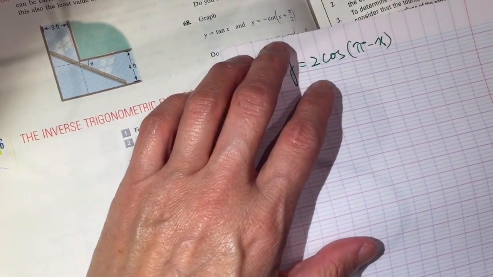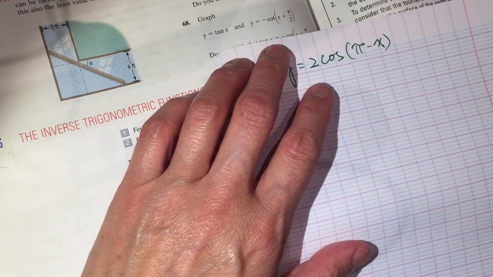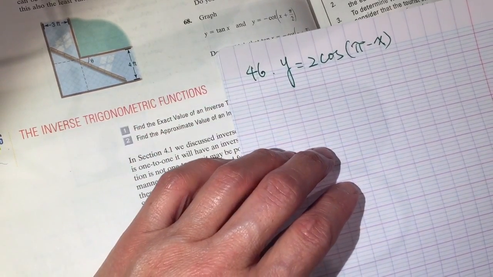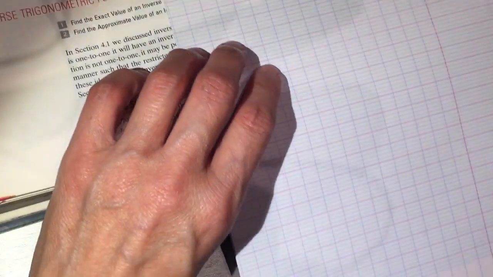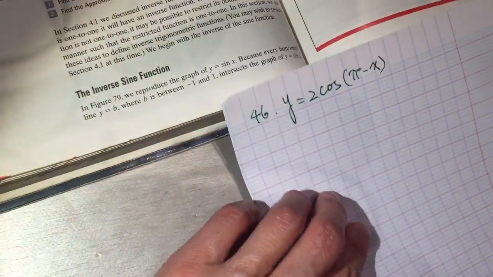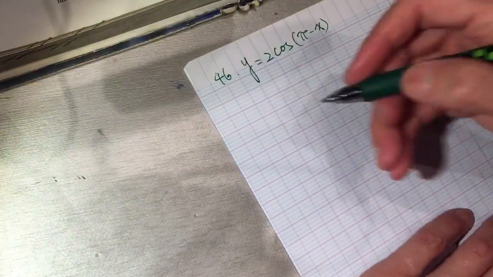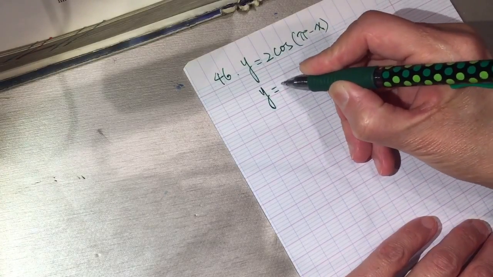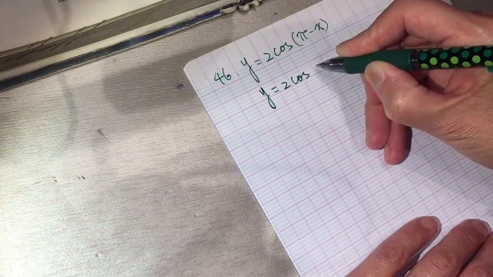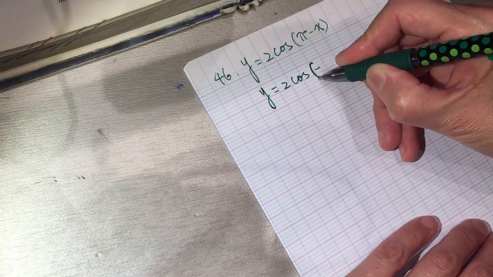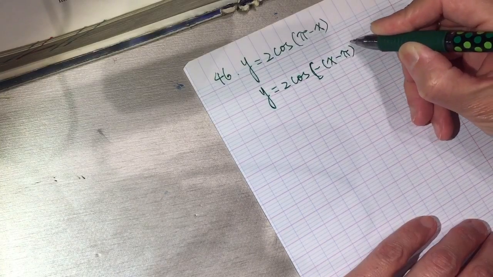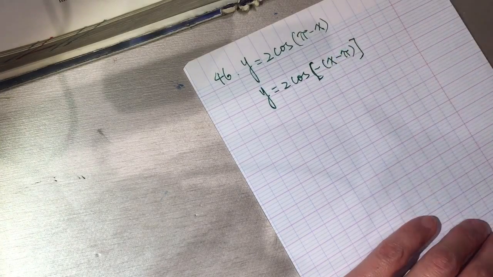Whenever you see pi minus x, you just need to change it into x minus pi with a negative. Let me just write it down. What we can do first is y equals 2 cosine negative x minus pi. Right? Does it make sense?